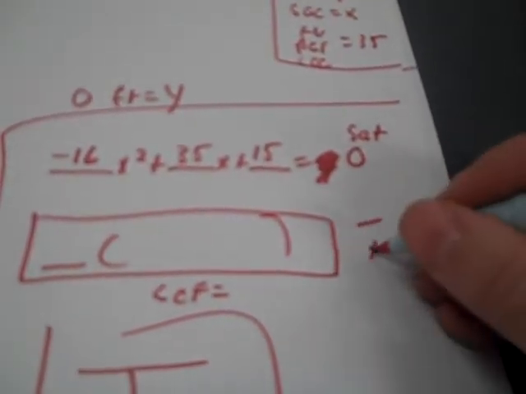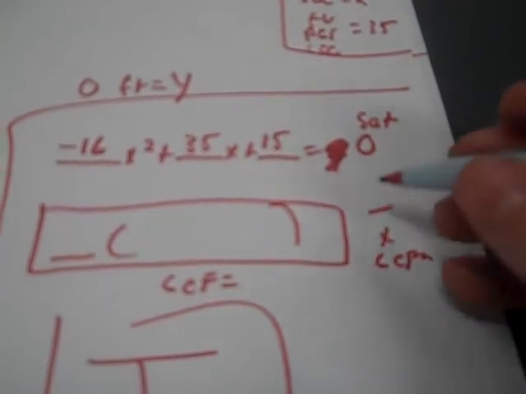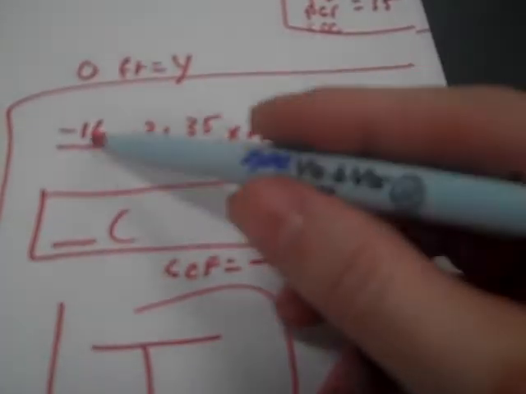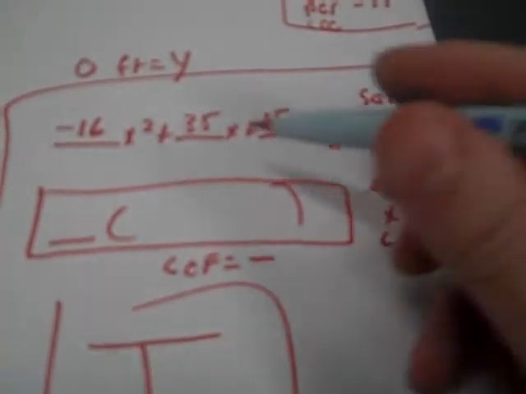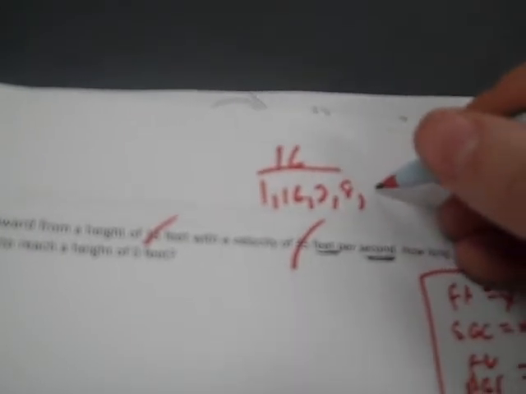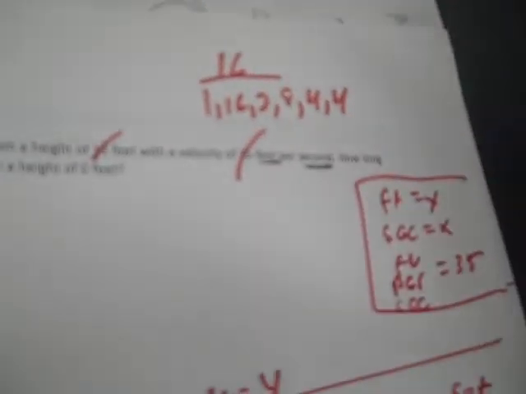GCF, negative. Well, we're going to need the negative because the first term's negative. X we don't need because 15 doesn't have it. Then 16, 15, 35. Now you know how to factorize a 16. It's 1 and 16, 2 and 8, and then double 4s.